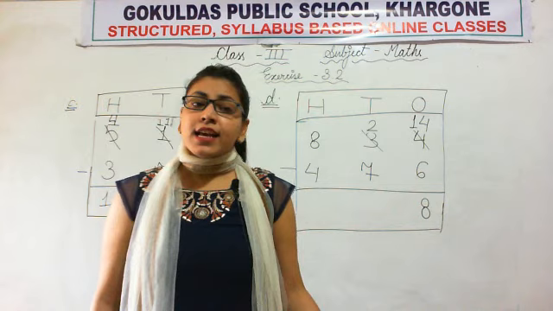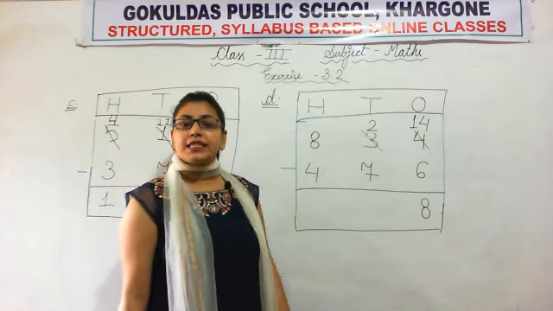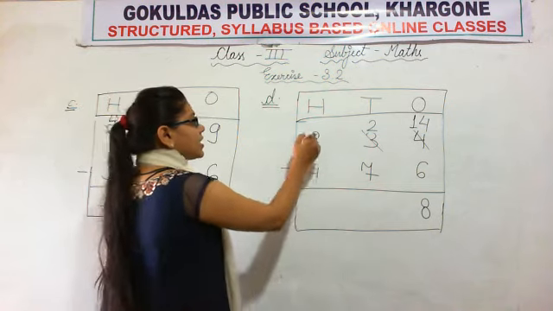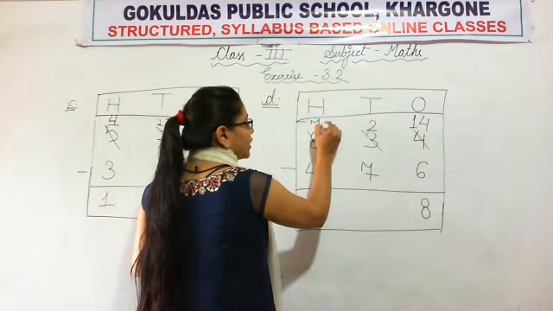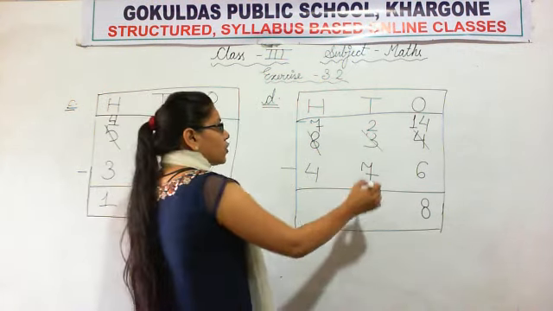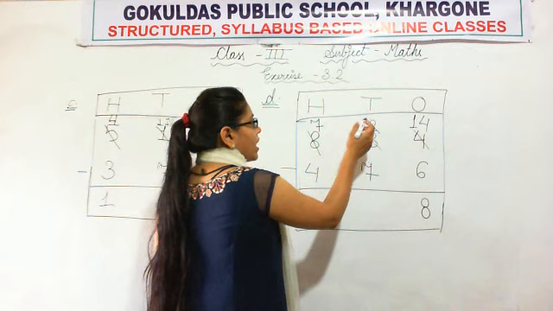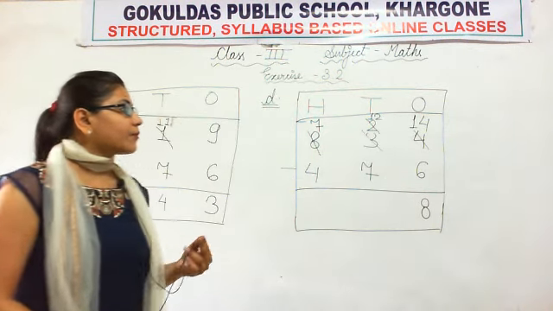So again, this 2 tens has to take borrow from the hundreds place. This 8 hundreds will give 100 to the tens place and become 7, and this 2 tens after taking 100 will become 12 tens.